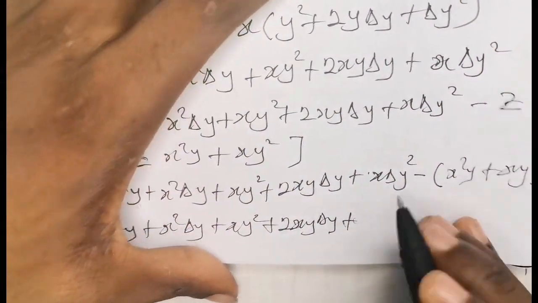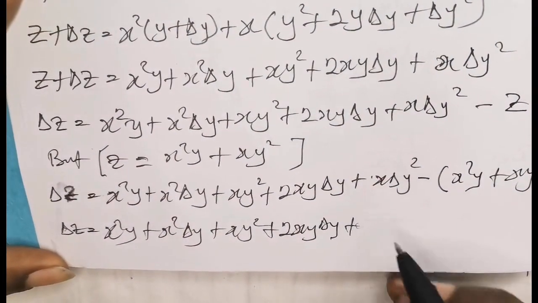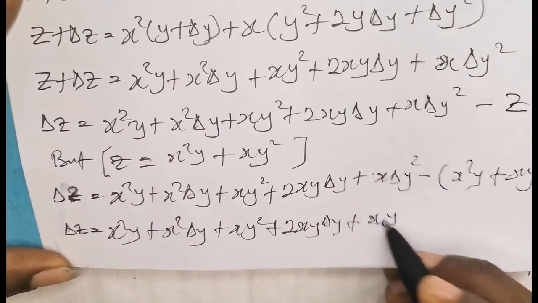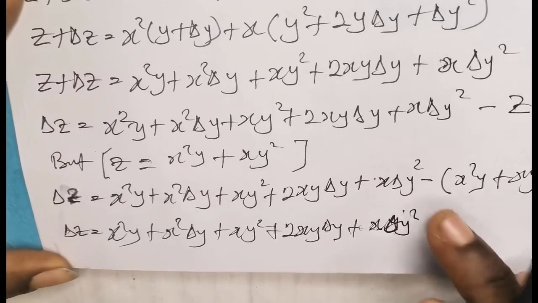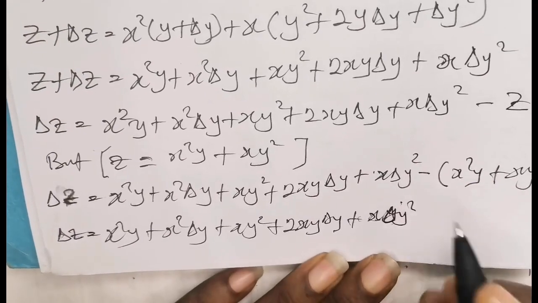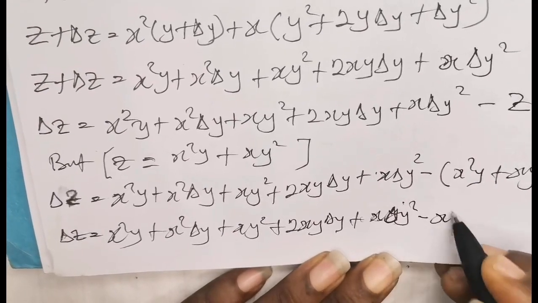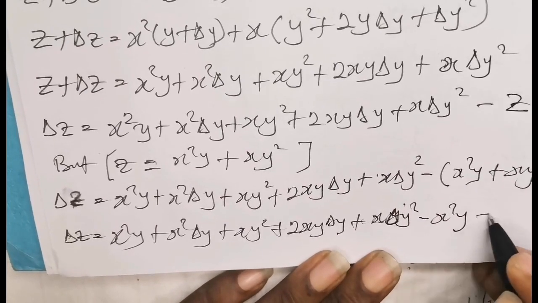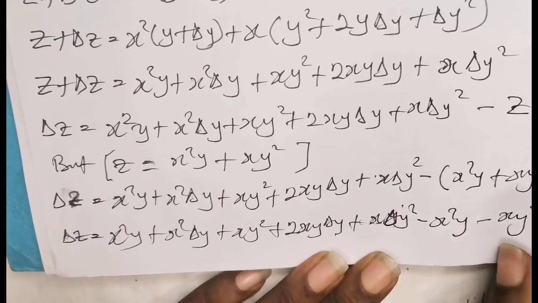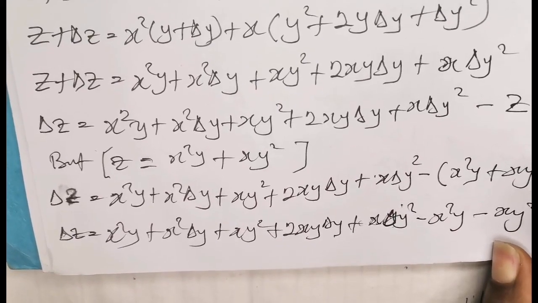Okay, plus we have x change in y squared. Okay, so if minus multiplies here, we have minus x squared y. Similarly, minus multiplies xy squared gives us minus xy squared, and we have this.